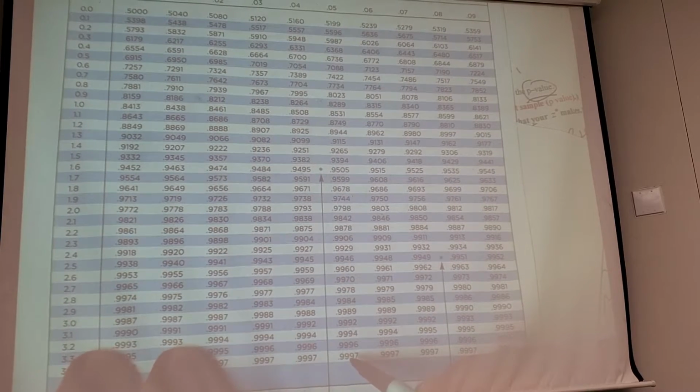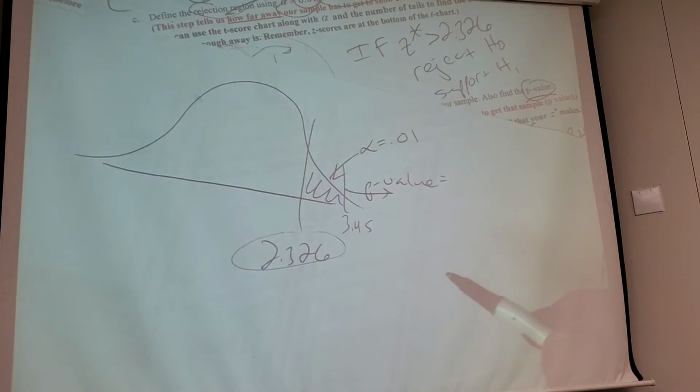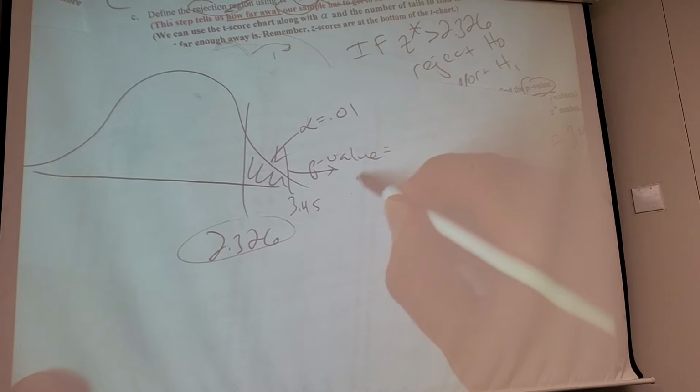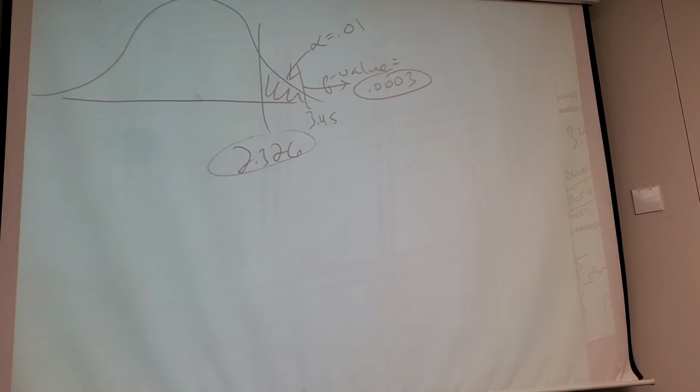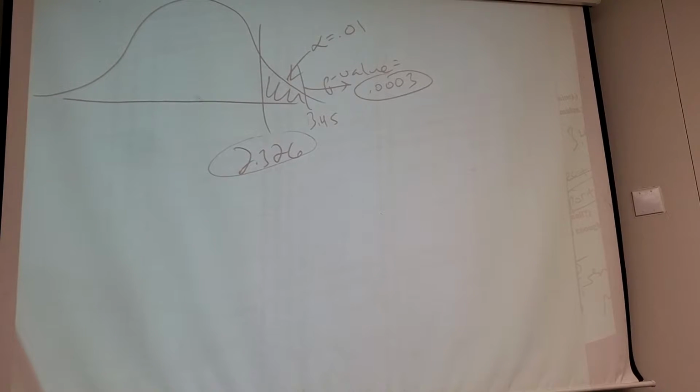It's the area to the left. 1 minus that would be 0.0003. The p-value is the probability that you got that sample if the middle is in the right place. Is that p-value big?